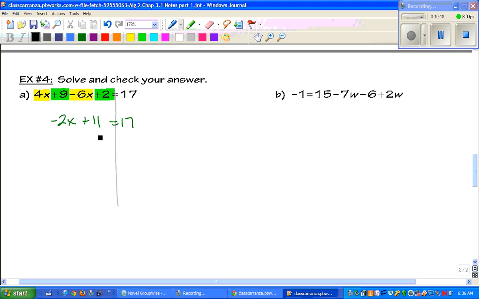And there's the 17. So now it's just the same thing. Okay, following the rules of SADMAP, negative 2x equals 6. Get rid of the negative 2, and you get x equals negative 3.